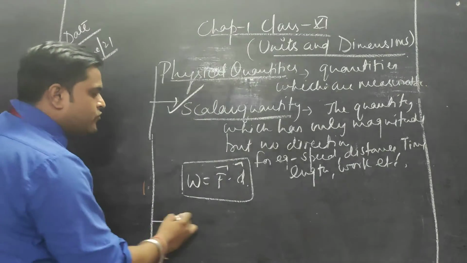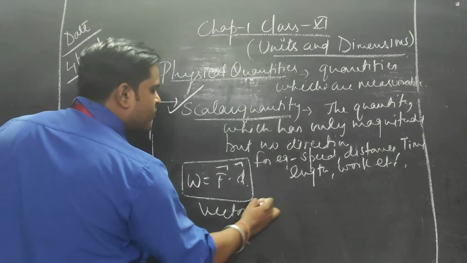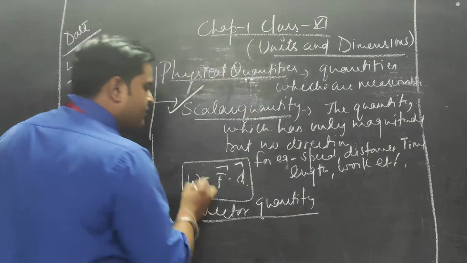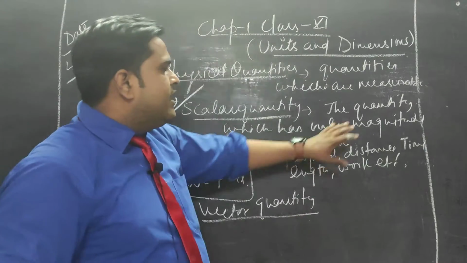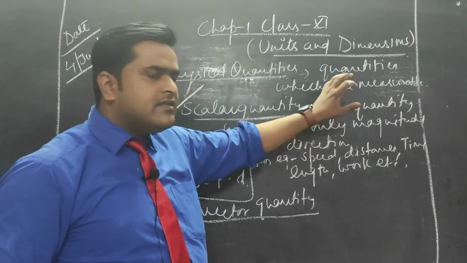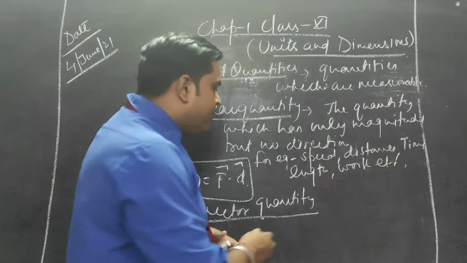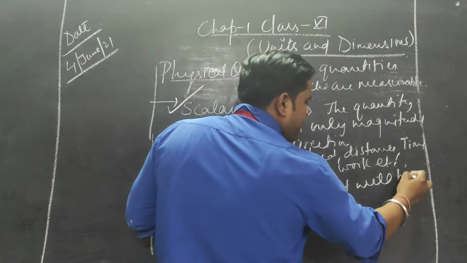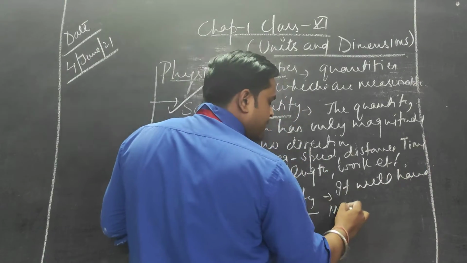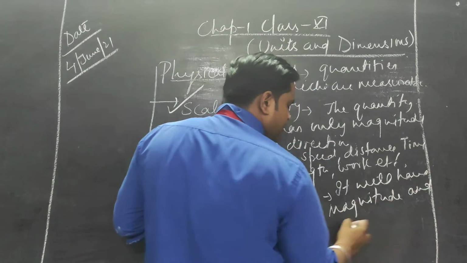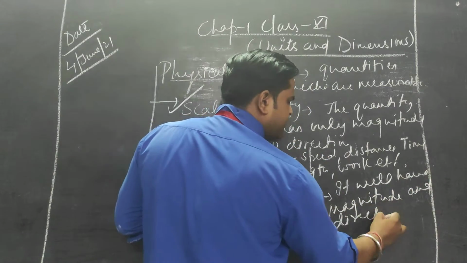Now we will move to the vector part. वेक्टर क्वांटिटी is just opposite to the scalar one. In the scalar case we emphasize magnitude only, but in this case it will have magnitude and direction both.